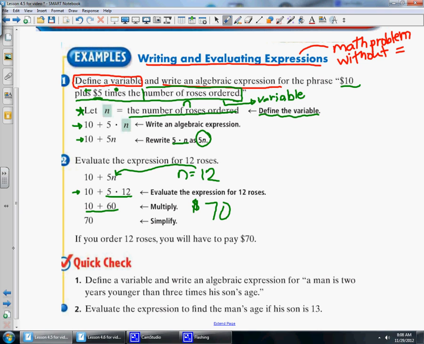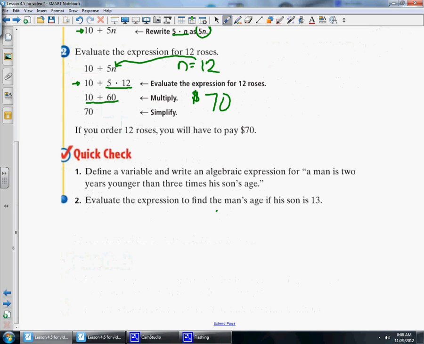Okay, let's look at the quick check here. Try another one. First, we're going to define the variable and write an algebraic expression for, here's our phrase, a man is 2 years younger than 3 times his son's age. So the first thing we want to do is define the variable. We'll call the variable x, and you can call it a different letter if you want.